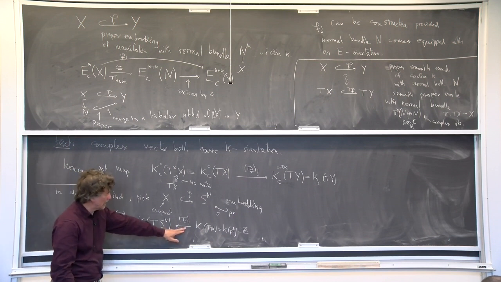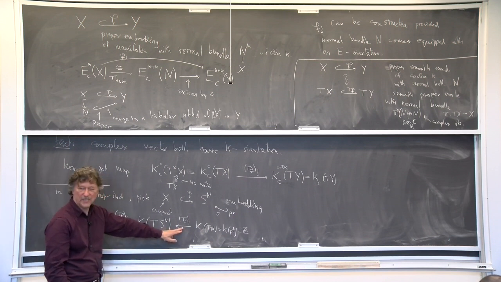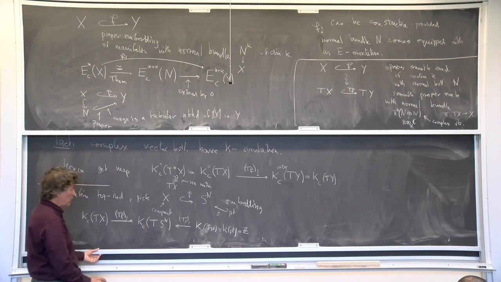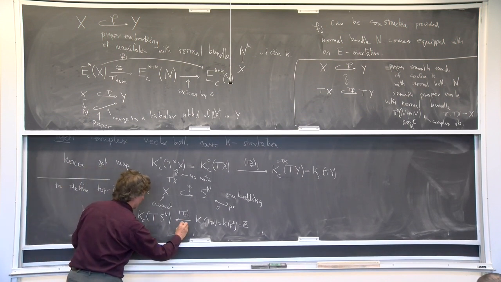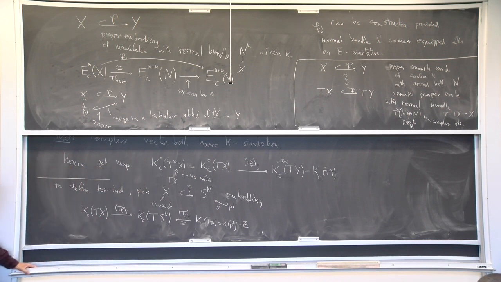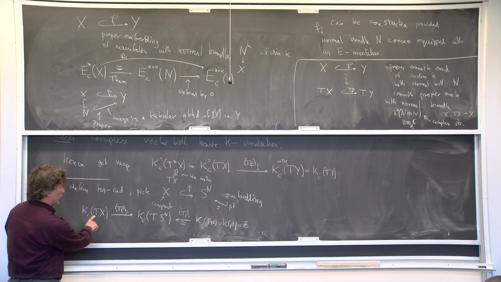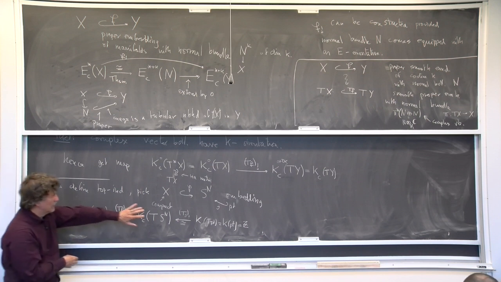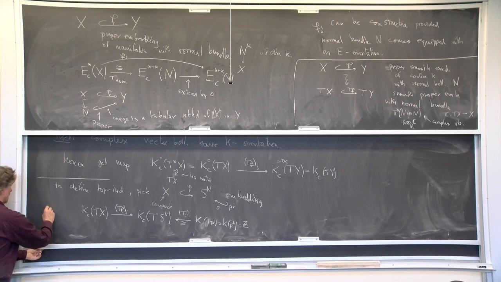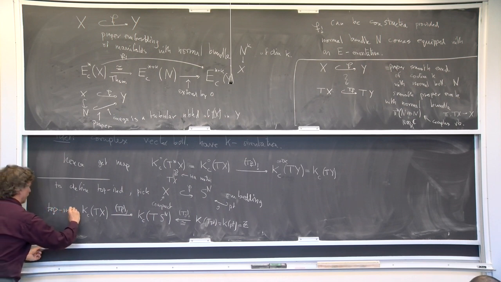This map here, if you think about it, is just an isomorphism. So that is what we want, right? We have now constructed by topological means a map from this group into this group. That's defined to be the topological index map.